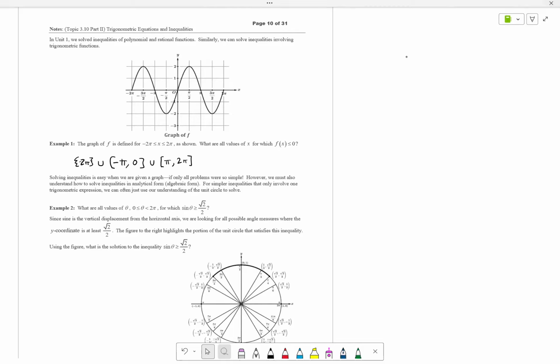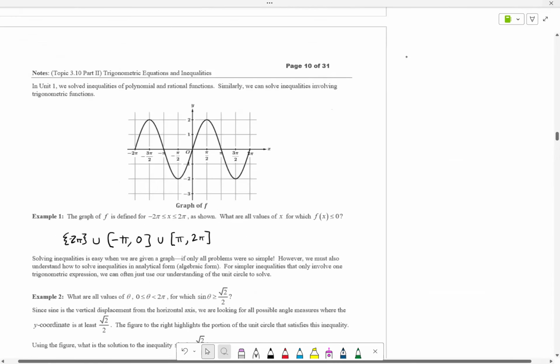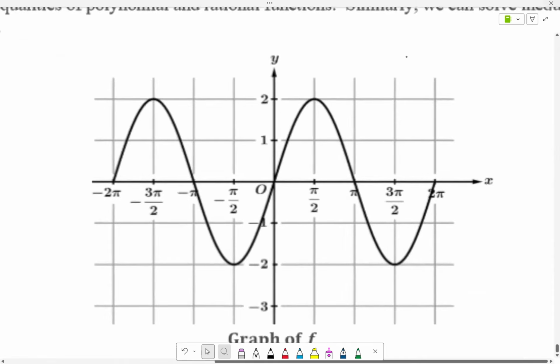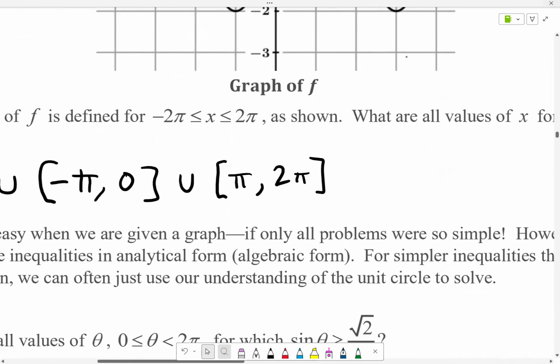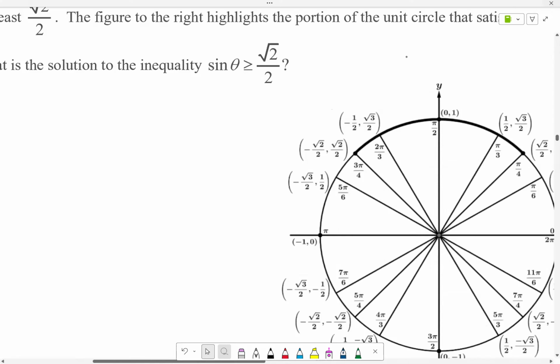So are you all looking at this right now to solve this one? Do you agree that this would be a terrible way to solve this problem? You could probably do it this way, but this is actually really nice.